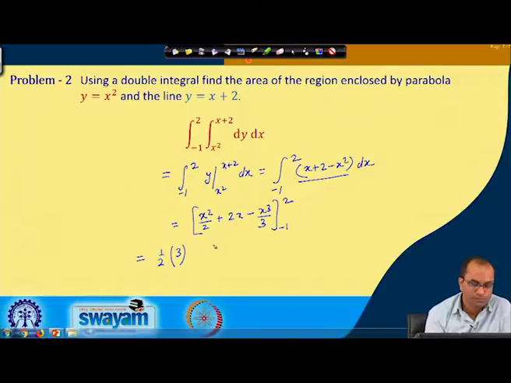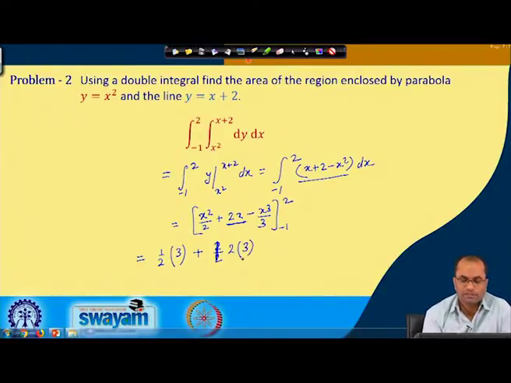So, we have minus 3 by 2 plus this 2 and then x square by 2. When we put the upper limit here, this will be 2 and then minus 1.